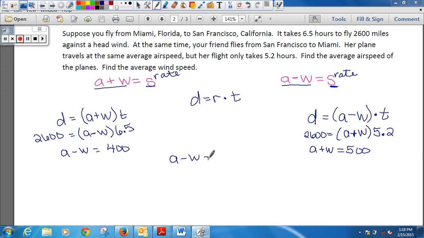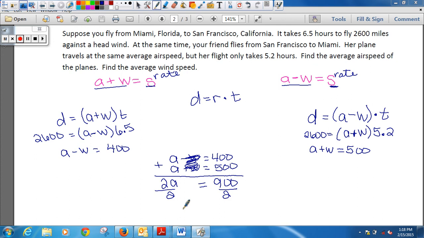A minus w equals 400, and a plus w equals 500. I am going to use elimination. I'm going to choose to add, so a plus a gives me 2a. The w's cancel out, is equal to 900. I'm going to divide both sides by 2. So I get a is equal to 450.